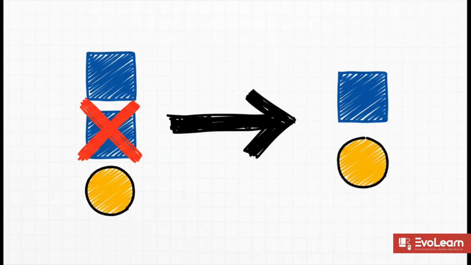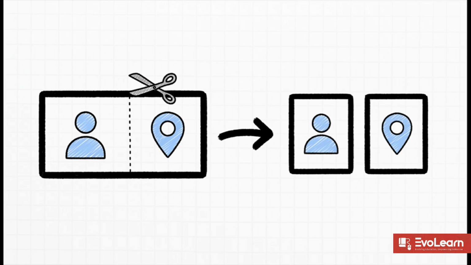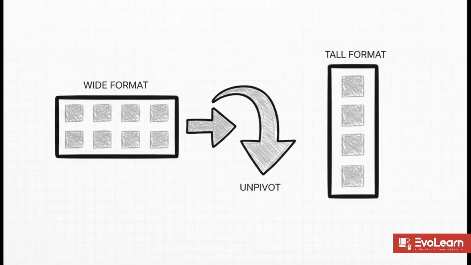It's literally just a click. So satisfying. Or maybe you have a column with a full name, but you need first name and last name separated. No problem. Power BI can split that for you in a heartbeat. Super useful. You can even do some pretty advanced stuff, like unpivoting columns. This basically takes a wide, messy table and turns it into a nice, tall, clean format that's way easier to work with.